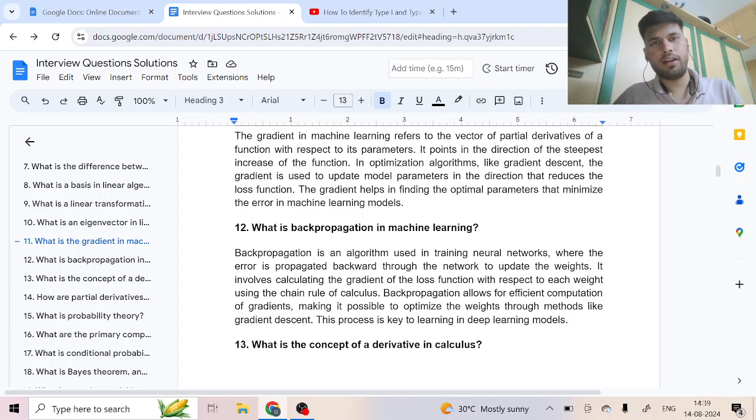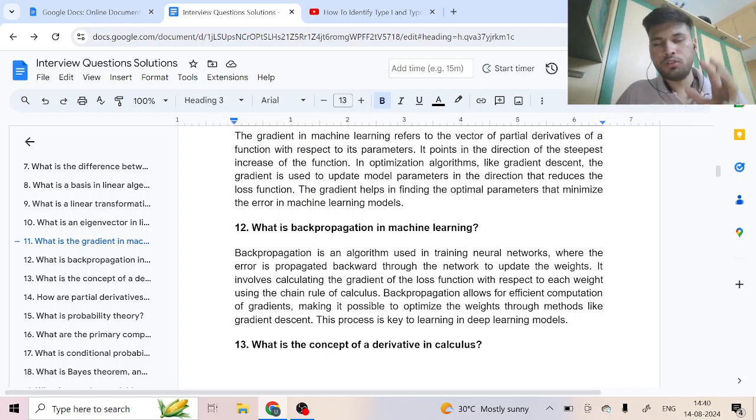If the error occurs, then we back propagate. This is the back propagation concept used in machine learning. We back propagate to adjust the weights so that we can arrive at the actual output.